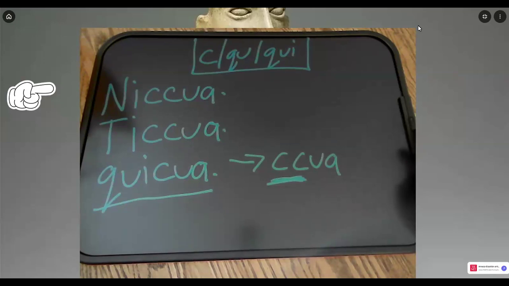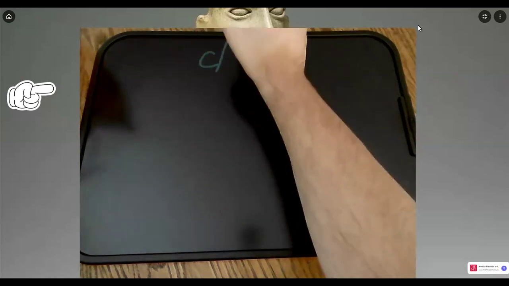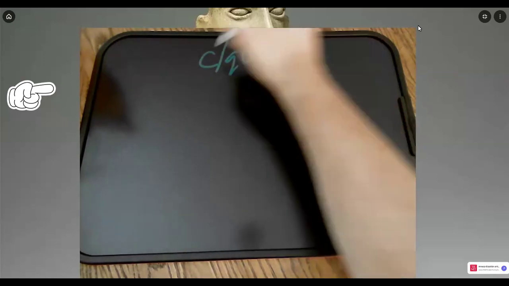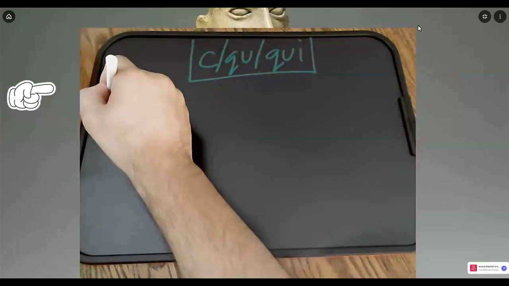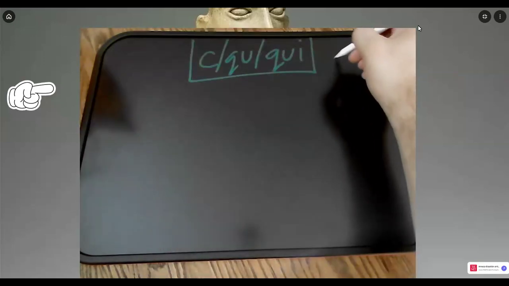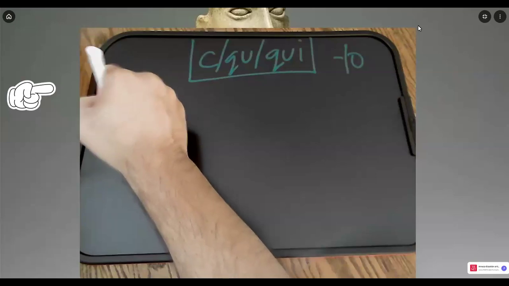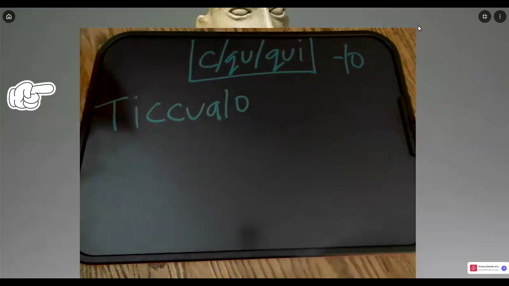And then we have the plurals. Again, the object will always be a C, a QU, or a QUI. And then for the plurals, we're going to add lo, which indicates two or more people are doing the action. So to say we eat it, it would be ti-kua-lo.